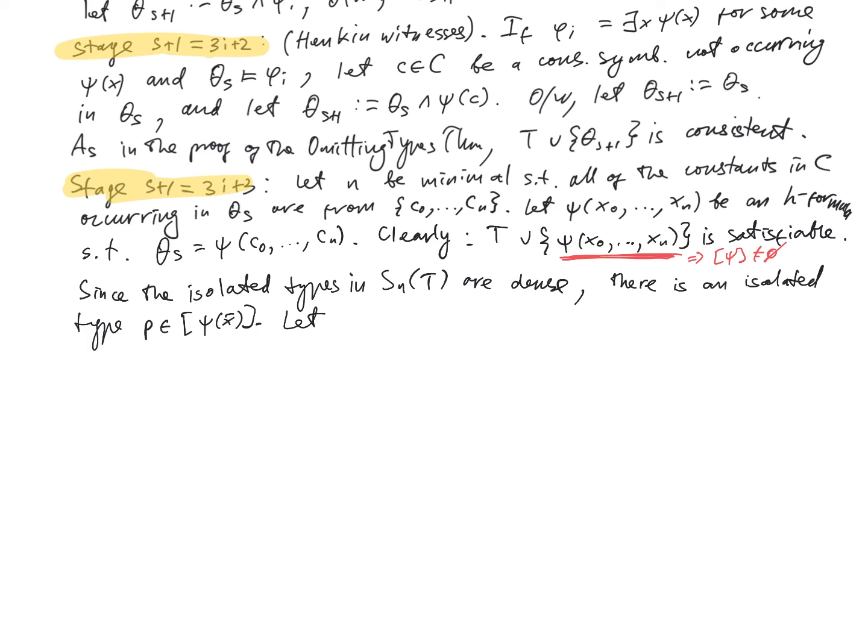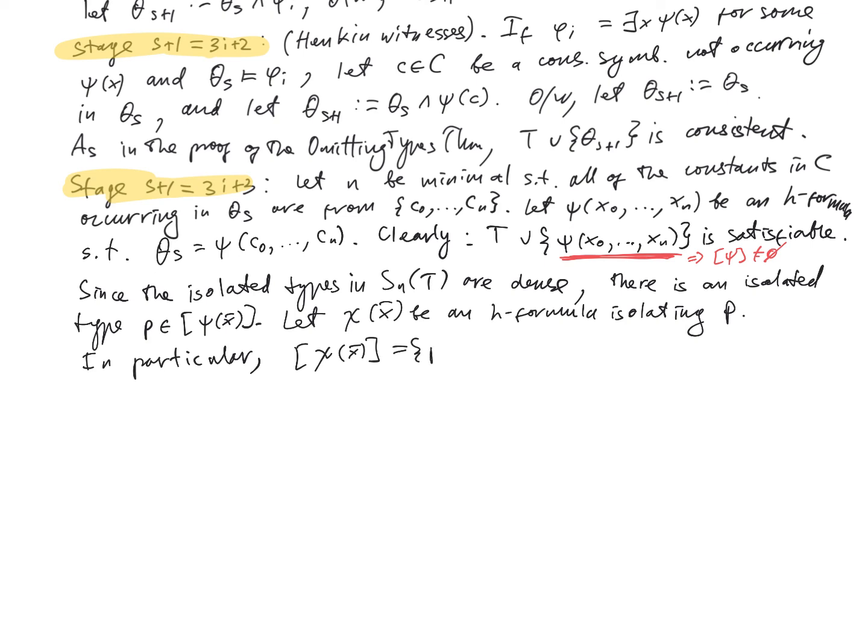Since P is isolated, we can let chi of x bar be some L formula isolating P. In particular, we have that the basic clopen set given by chi consists of a single point P and T together with chi of x bar is satisfiable.